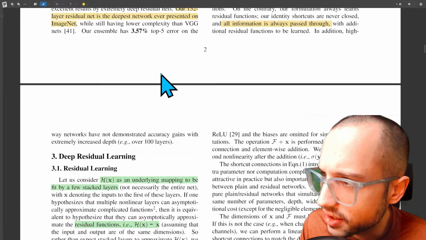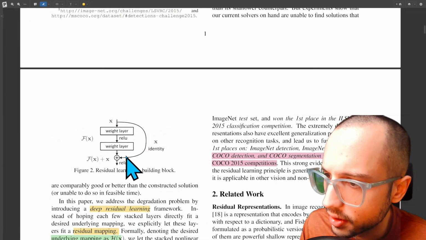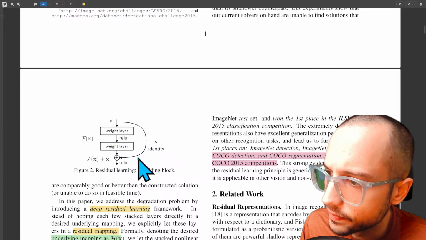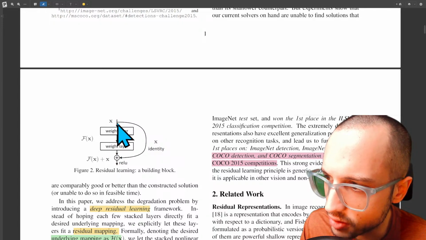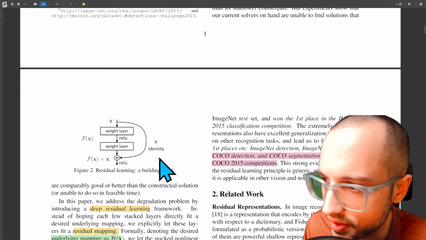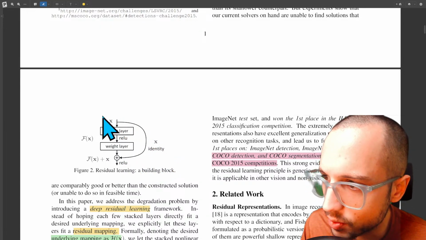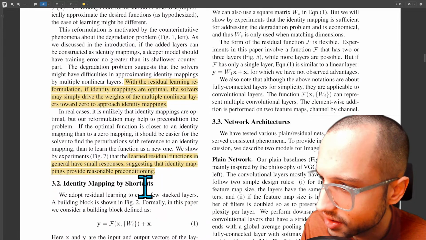So I think basically what's going on there is they were afraid that if you skipped too much stuff, you wouldn't ever have information flow through these layers, and you would basically result in these kinds of collapses of the function approximation technique where you would just end up with what they call zero mappings.